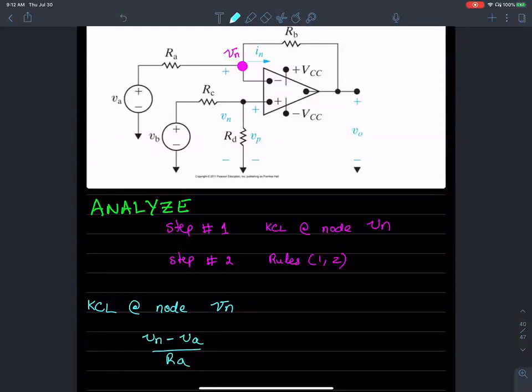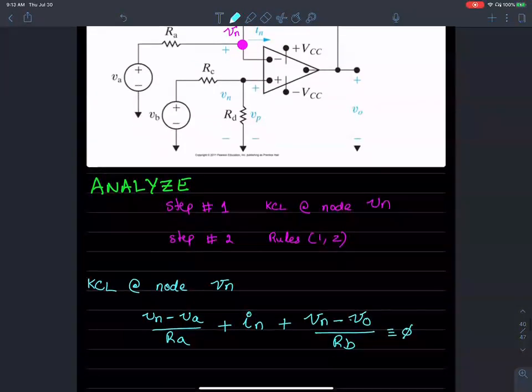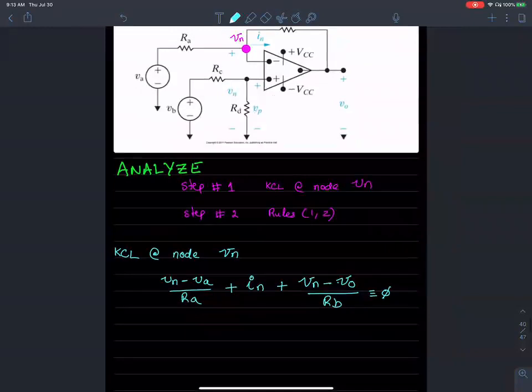Yes, that's the current going left. Then plus IN plus Vn minus VO over RB is equal to 0. That's step number one, right?